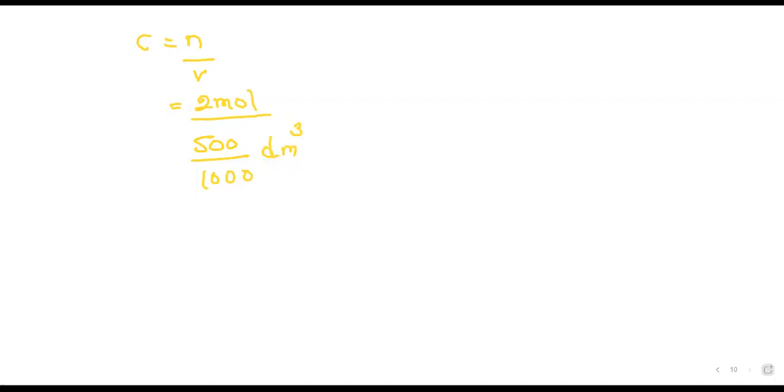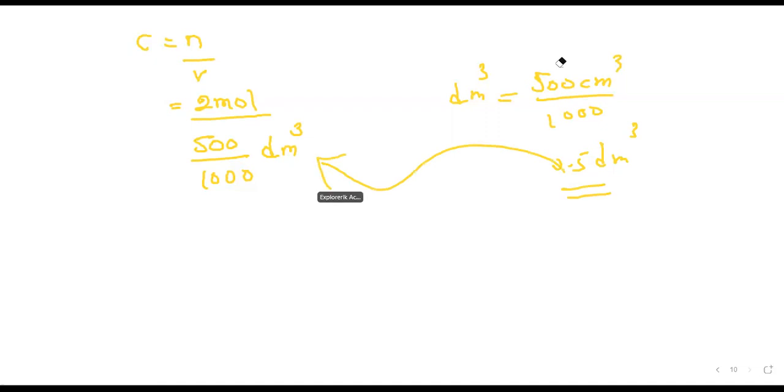You can do the math and get 0.5 decimeter cube, right? And then you can substitute it over here as the volume.